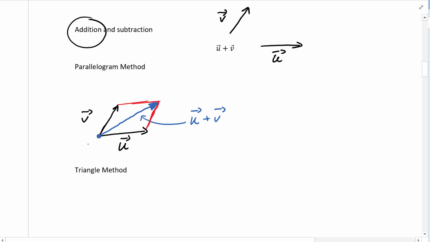So the key is to make sure you put both vectors starting at the same point.